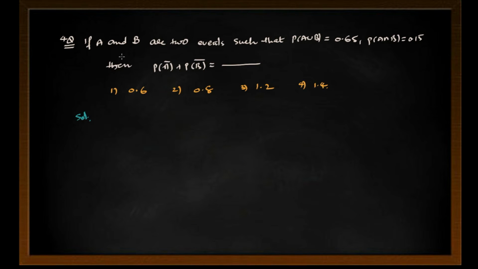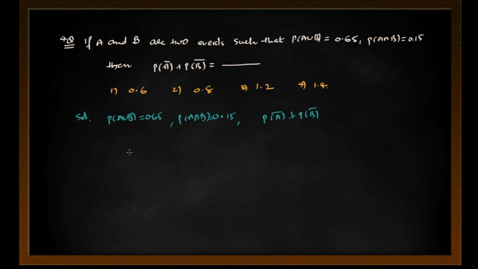Next question is, if A and B are two events such that P of A union B is 0.65, P of A intersection B is 0.15, then we have to find P of A bar plus P of B bar.